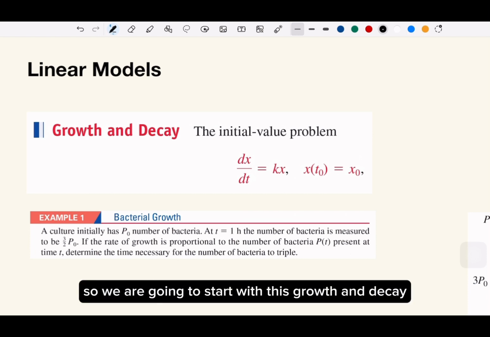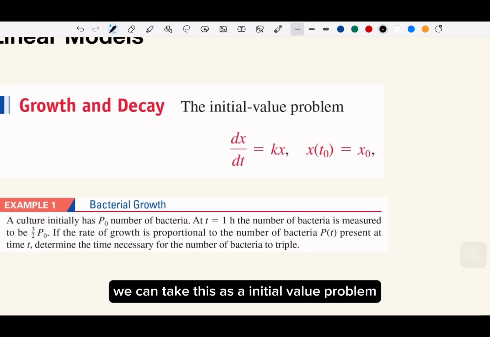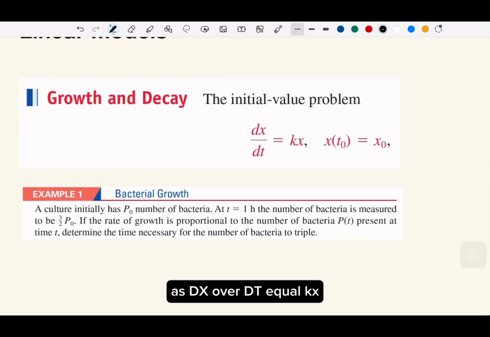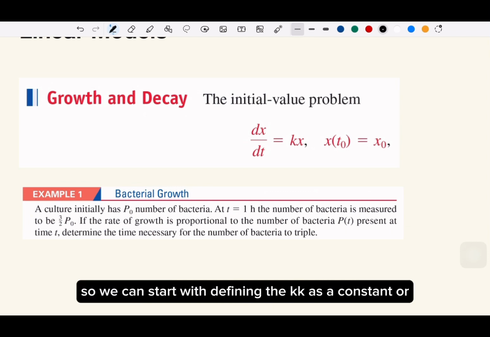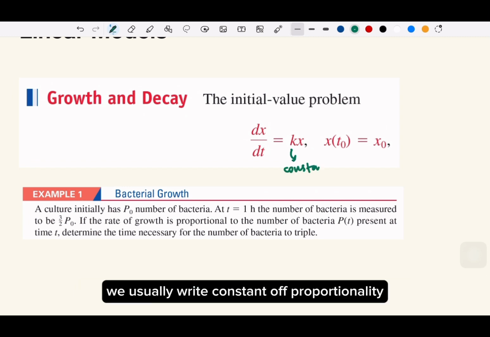Okay, so we are going to start with growth and decay models, and we can take this as an initial value problem: dx over dt equals kx. We can start with defining k as a constant, or we usually write constant of proportionality.